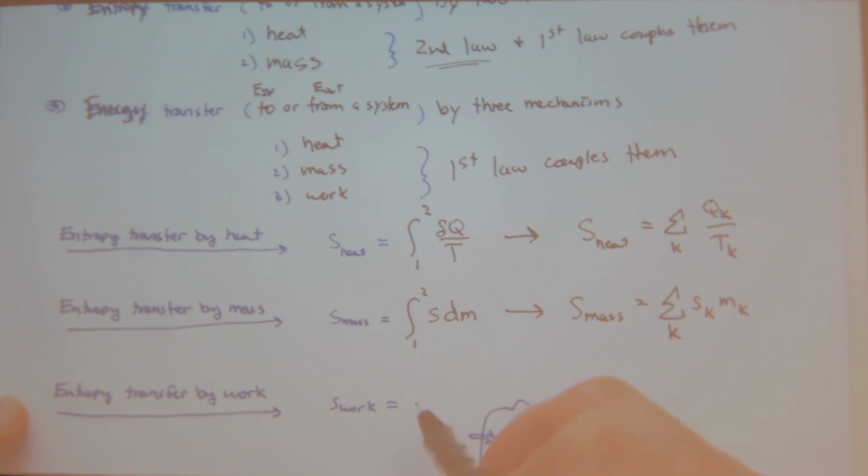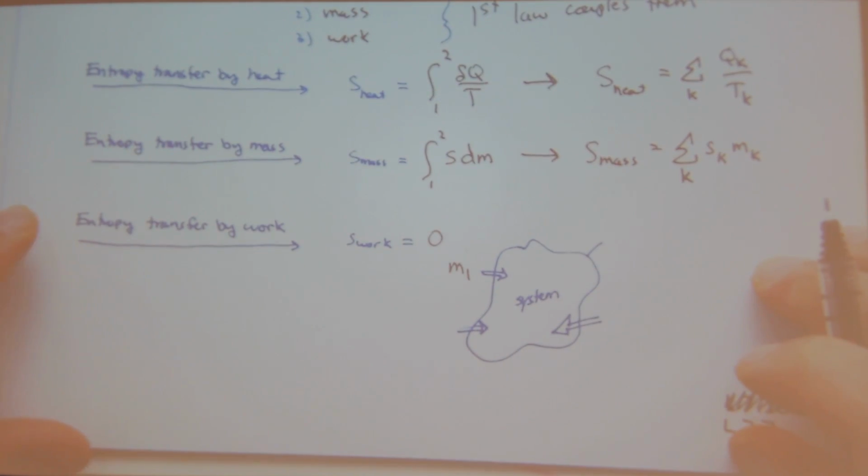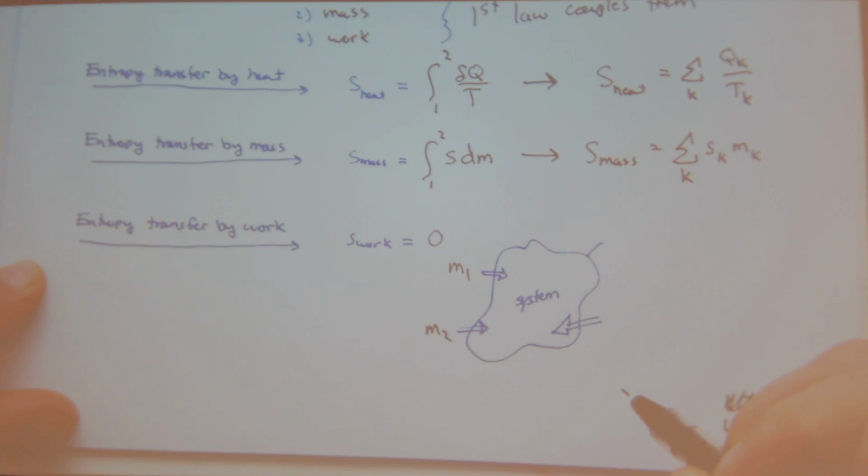So entropy transfer by work is 0. I can have some mass 1 in, I can have a mass 2 in, and I have my boundary of my system. Let's say that my boundary is at some temperature Tk.